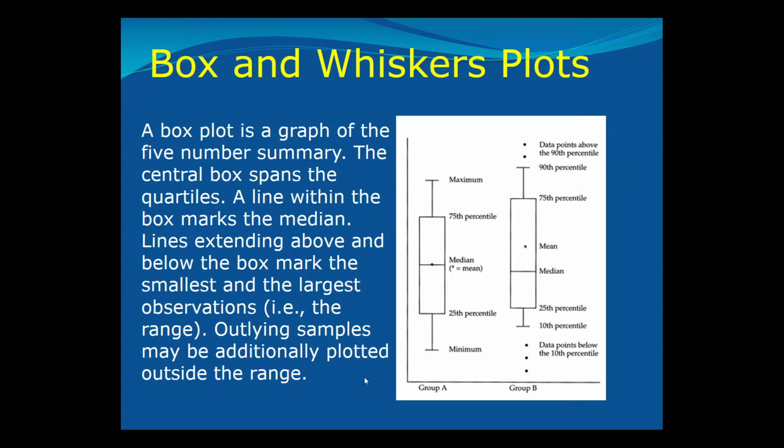A box plot is a graph of the 5-number summary. The central box spans the quartiles. A line within the box marks the median. Lines extending above and below the box mark the smallest and the largest observations. Outlying samples may be additionally plotted outside the range.